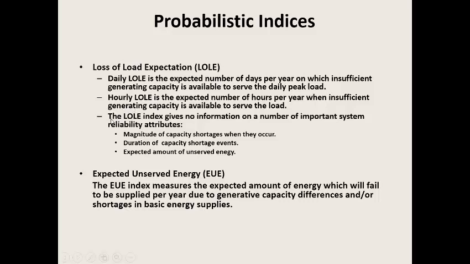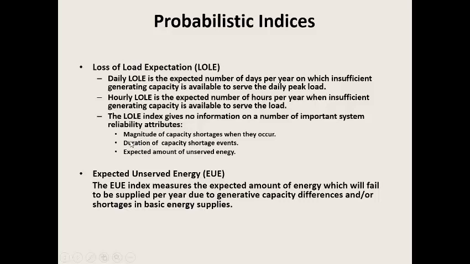So you can see that both of these indices do not provide any information on the magnitude of the capacity shortages, because they are considering only the loss of load. If the loss of load is 1 megawatt or 1000 megawatt, that is not being reflected in the loss of load expectation.